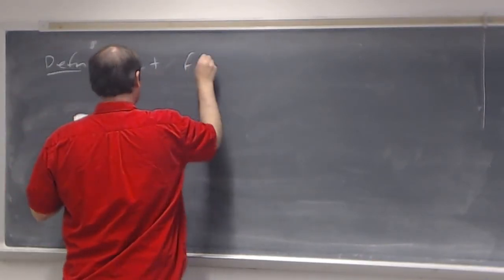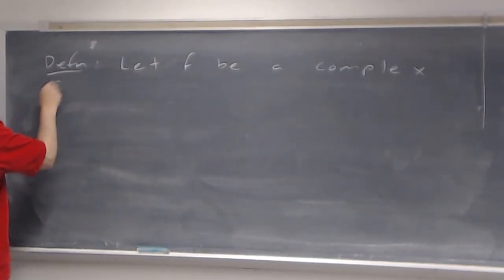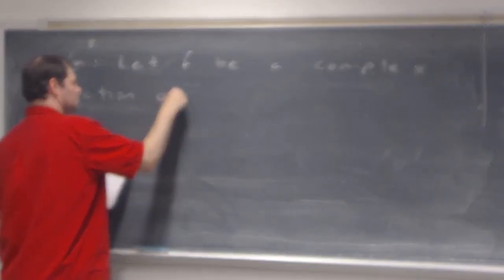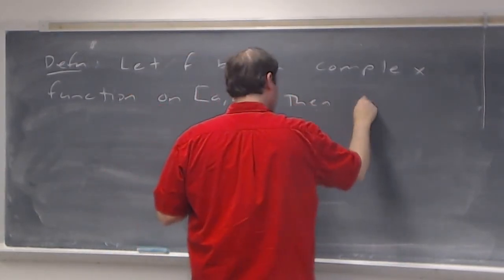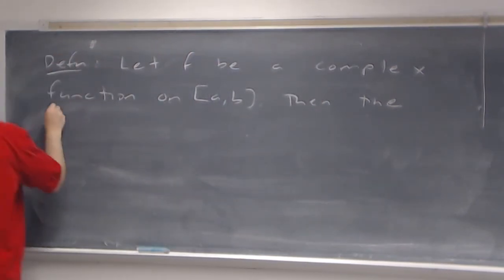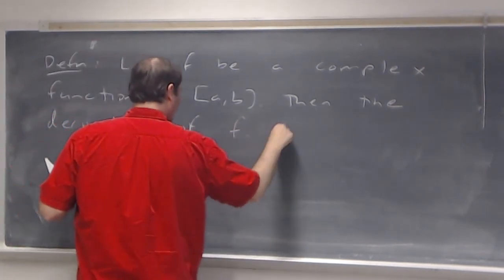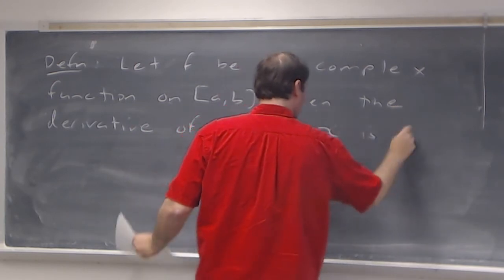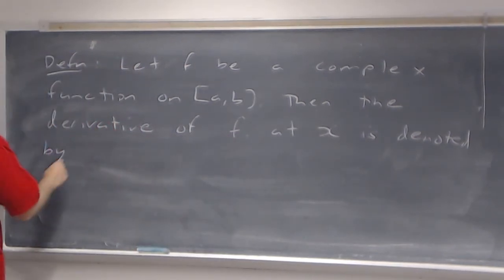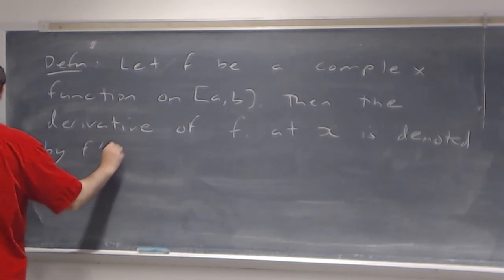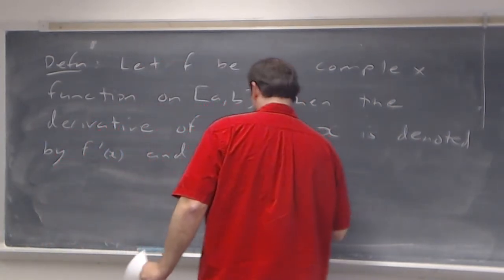So we let f be a complex function on a to b. Then the derivative of f at x is denoted by f prime of x, and given by our usual definition, which is the limit.